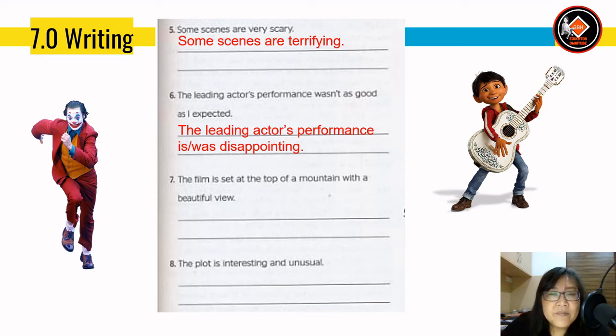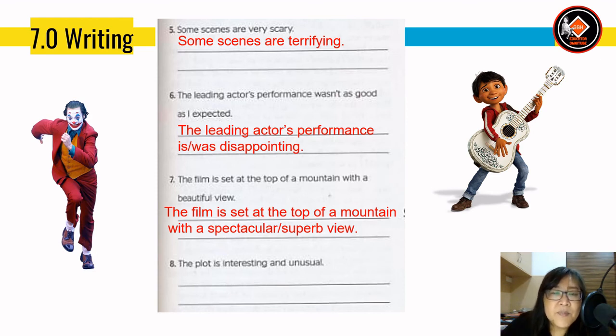Number 7, the film is set at the top of a mountain with a beautiful view. So you can write, the film is set at the top of a mountain with a spectacular view or with a superb view. Number 8, the plot is interesting and unusual. So you can write, the plot is original.